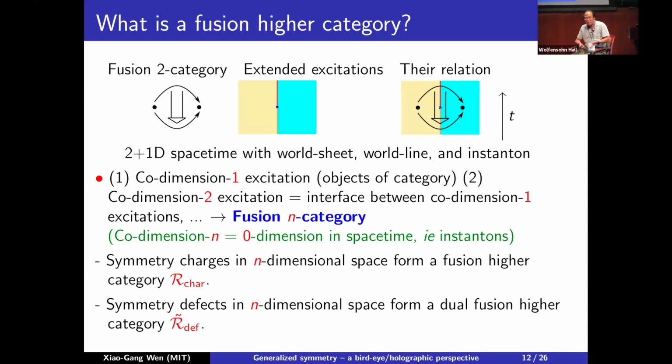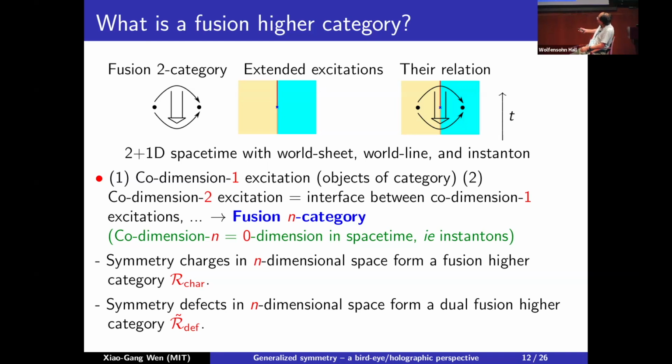It is just a mathematical theory to describe excitations. But now the excitations can be extended: they can be strings, membranes, or particles. When you have those kinds of situations, naturally, a fusion higher category is a theory to describe excitations.